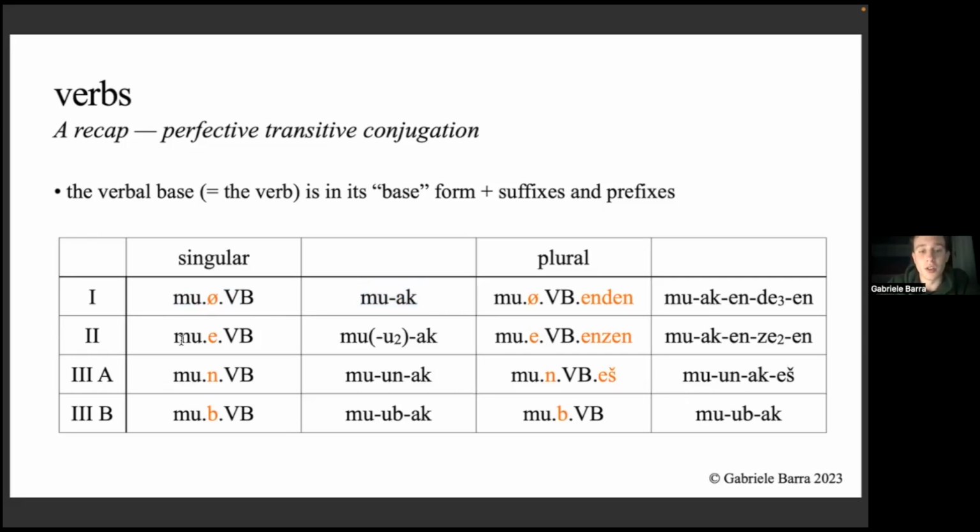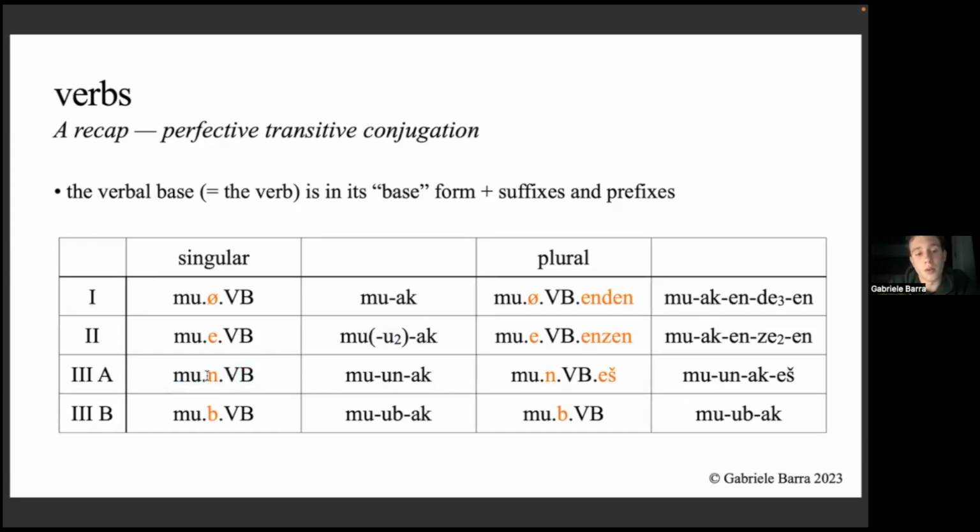The second person is mu'e-ak, so you put the e before the verb. Now the e can change to any vowel, depending on what the verb starts with and what comes before. So you have mu'u-ak, maybe, and could also be mu'a'ak. But the thing is, you understand it's the second person because you have a distinct vocalic sound before it.